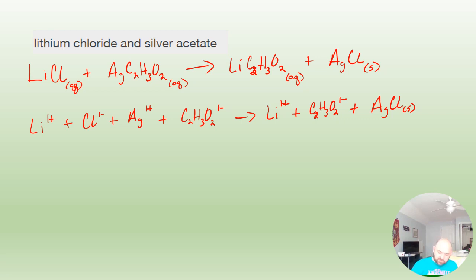Now if we cancel ions on either side of the arrow, we are left with our net ionic equation, which says that Cl1 minus plus Ag1 plus yields AgCl solid. So this would be the net ionic equation for the formation of silver chloride from lithium chloride and silver acetate.